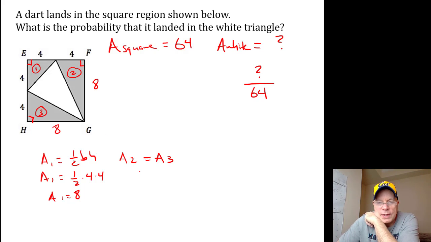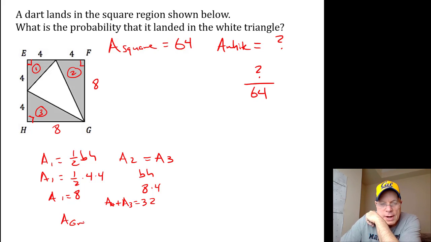Rather than use 1/2 base times height, I'm just going to use base times height, 8 times 4, 32. I do that because each one of them is 16, but I'm going to add them together, right? So A2 plus A3 is 32. So the area of the gray is 8 plus 32, or 40.